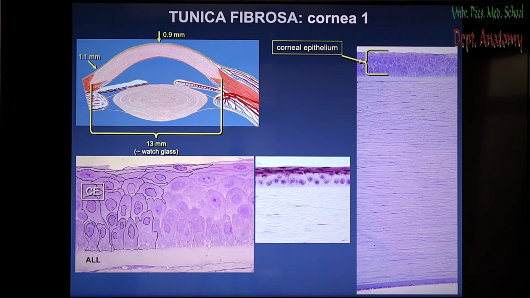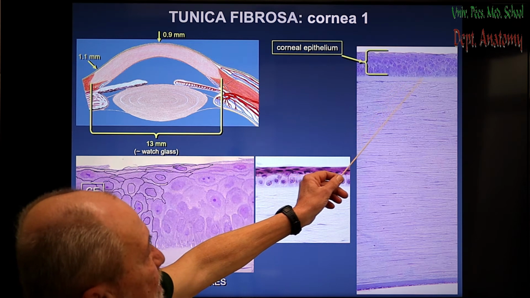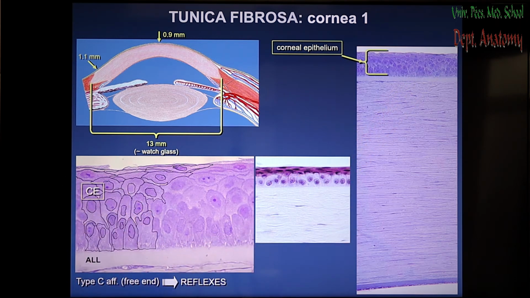It has some unique features, like it is very richly innervated by type C, the thin myelinated sensory fibers. These free nerve endings protrude within the epithelium, and the base of the epithelium, as you can see, completely lacks those protrusions of the underlying tissue which were always seen at all the other places.